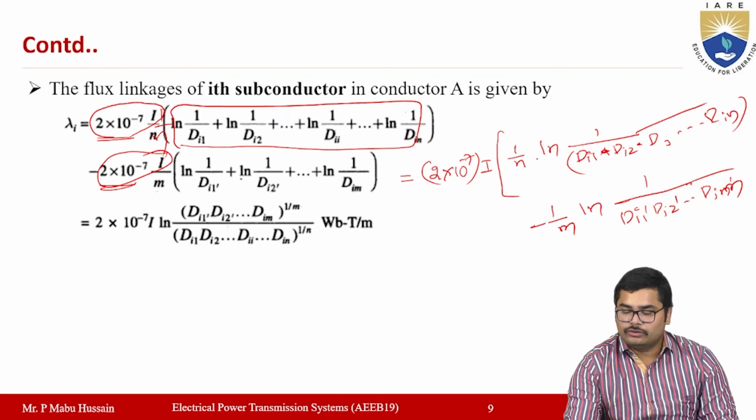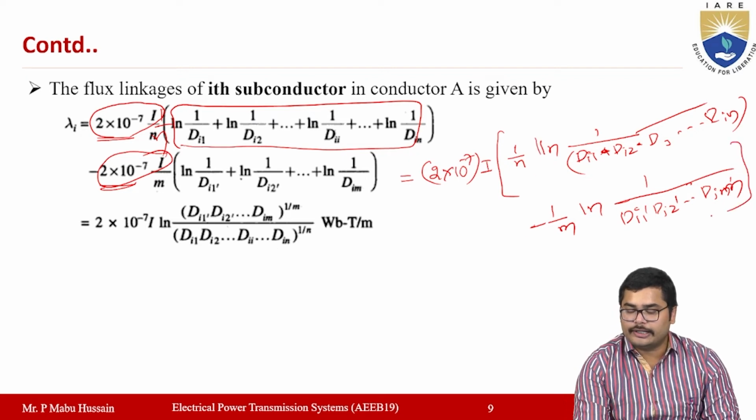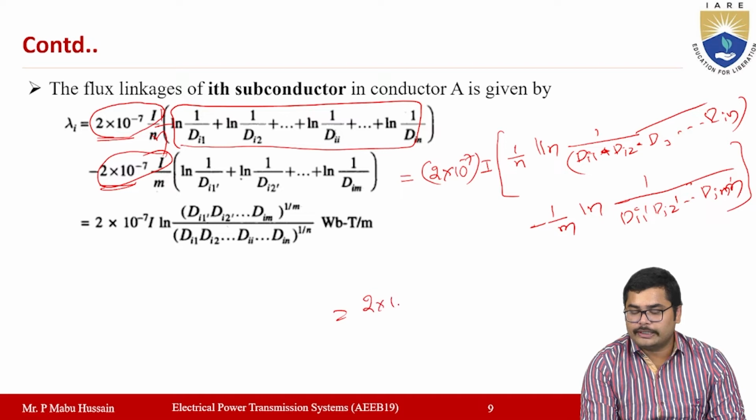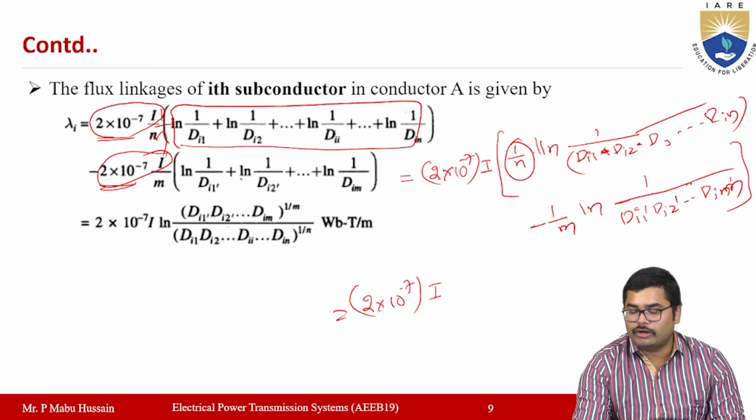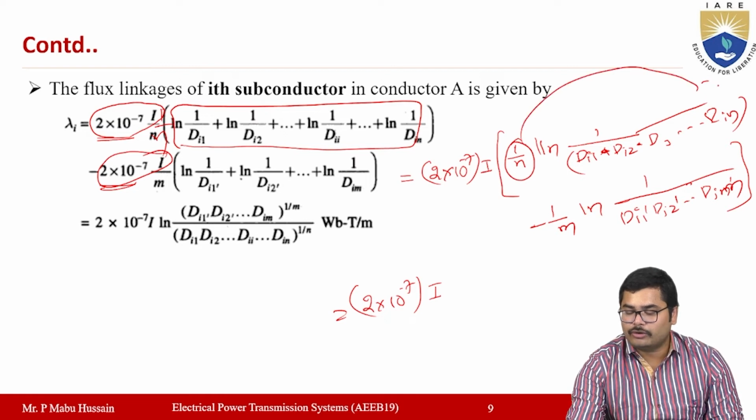Okay, so now this expression you can write as 2 into 10 power minus 7 into I. Now this 1 by n you can take as the power of this term.